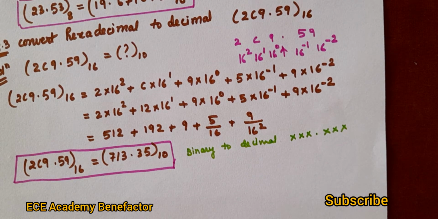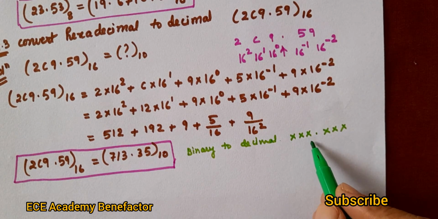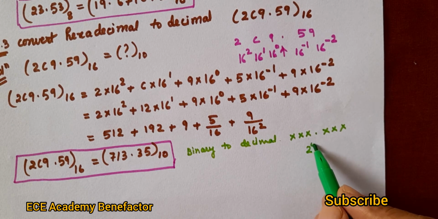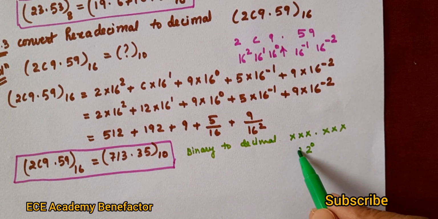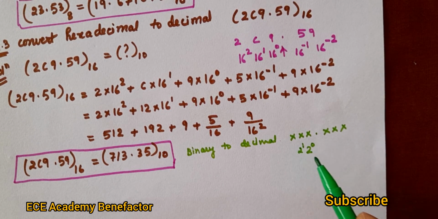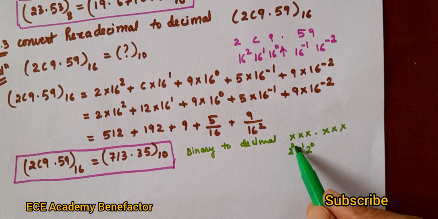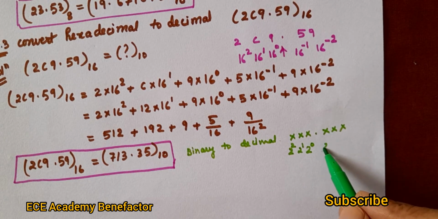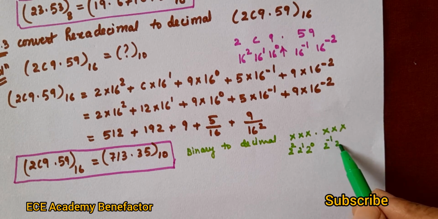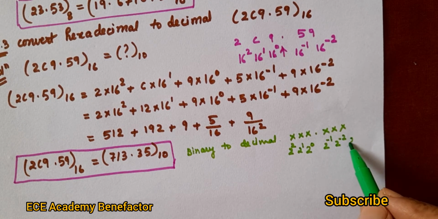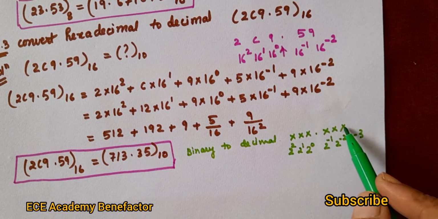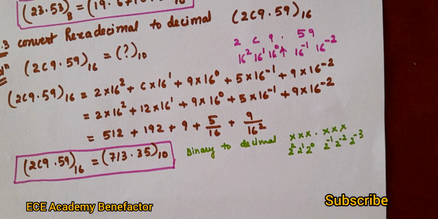So what you will do? First number multiply by 2 to the power 0, then multiply this one by 2 to the power 1, 2 to the power 2. Here 2 to the power minus 1, 2 to the power minus 2, 2 to the power minus 3.